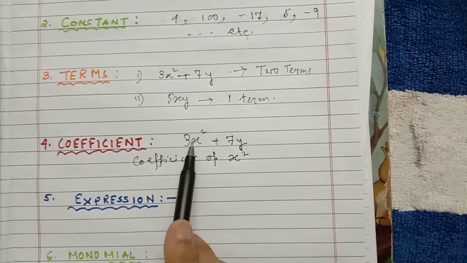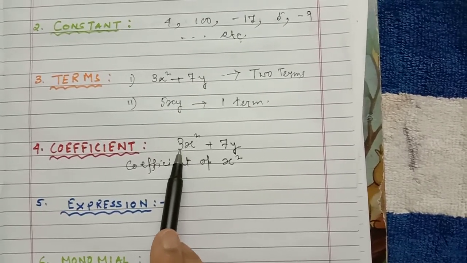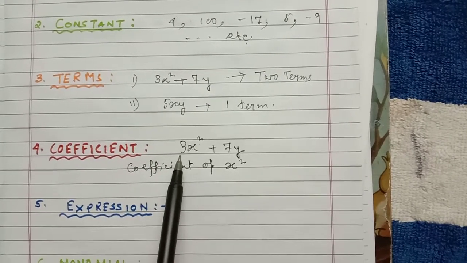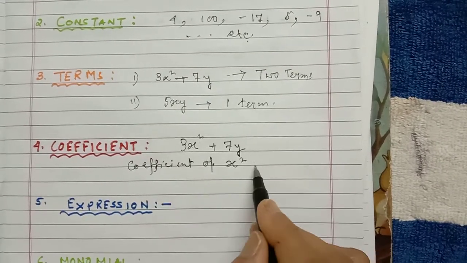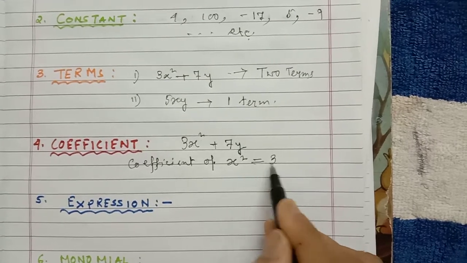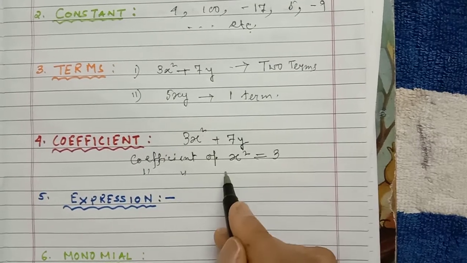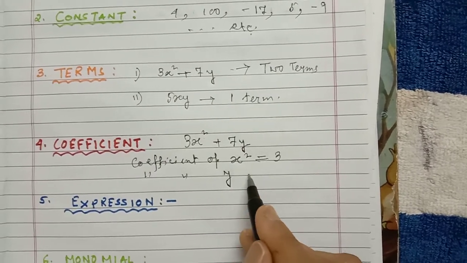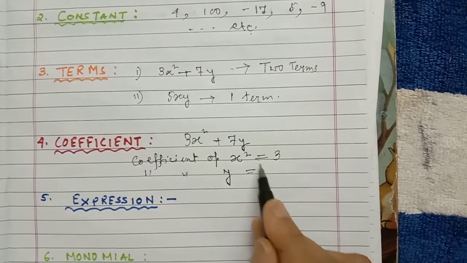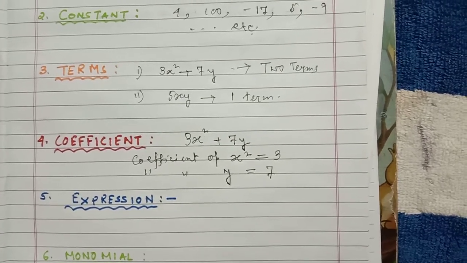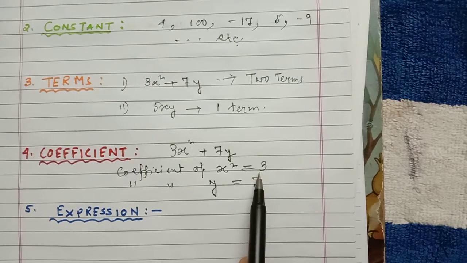Number or variable, whatever is there, we have to write as the coefficient. In x square, what can you see? The coefficient of x square is only 3 here. The coefficient of y in the next term is 7. Understood? In this way, we will find out the coefficient.